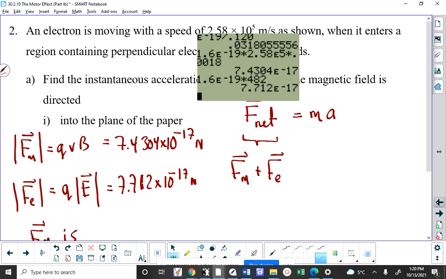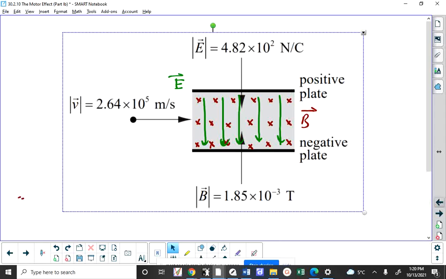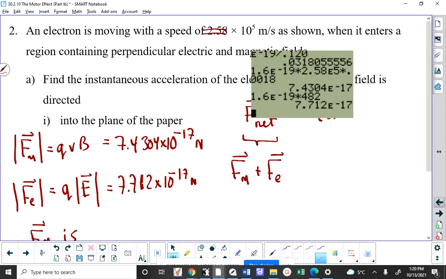In other words, I'm going to change this to 2.64, and I'm going to make a note over on the sideboard here to change my notes. Good eye, Naya. So I'm going to recalculate the magnetic force.